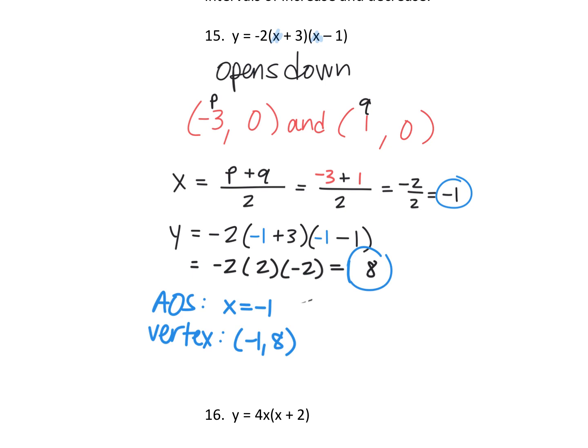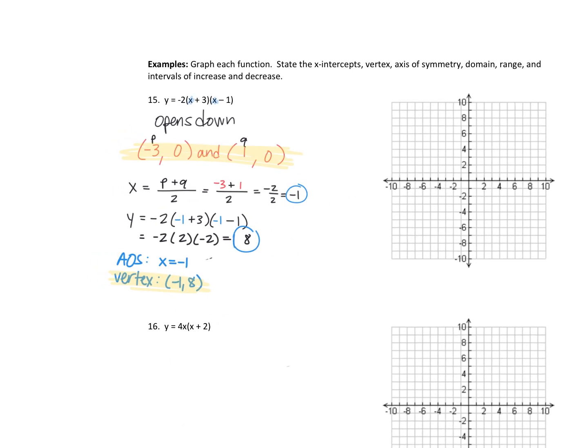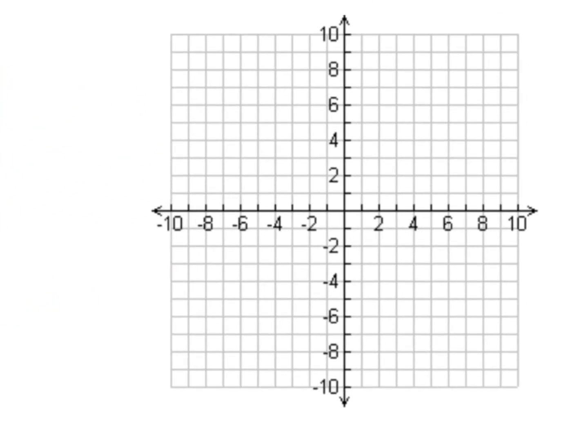So when you go to graph it, I'm not going to make you make a table on these because you already have 3 points, and I promise you they'll fit on the grid. So you're going to take those 3 points and graph them. And of course, you can still use Desmos if you want to check your work. So negative 1, 8 is my vertex, and I have x-intercepts at negative 3 and positive 1.